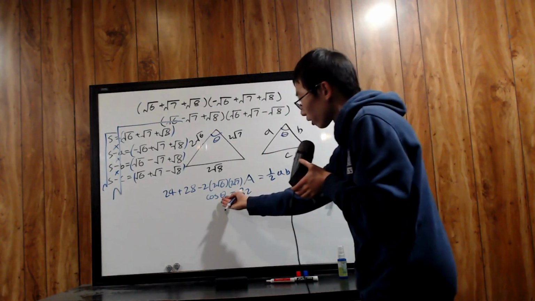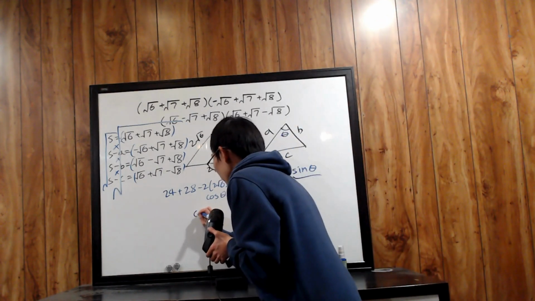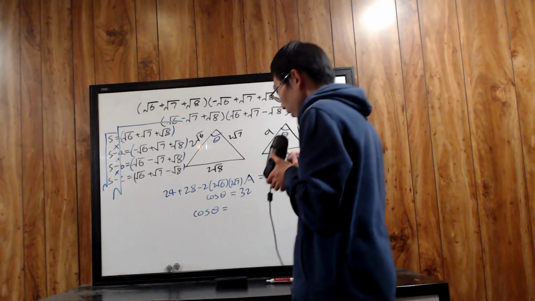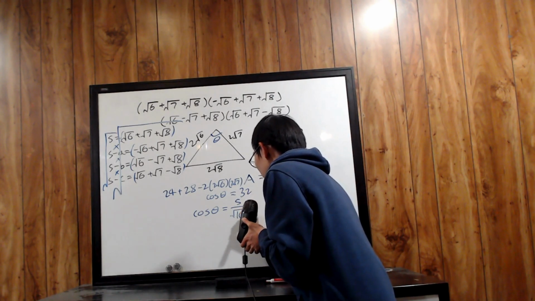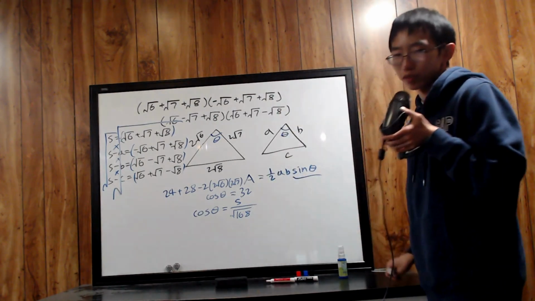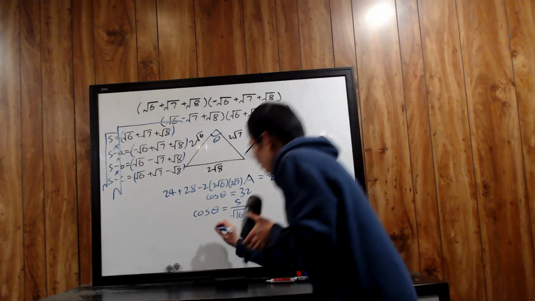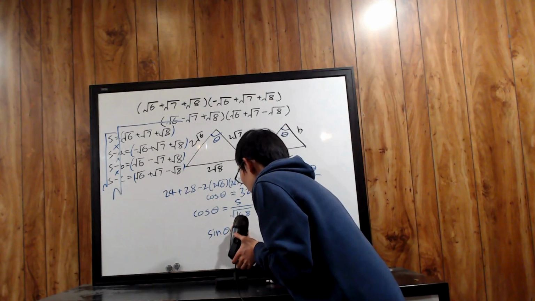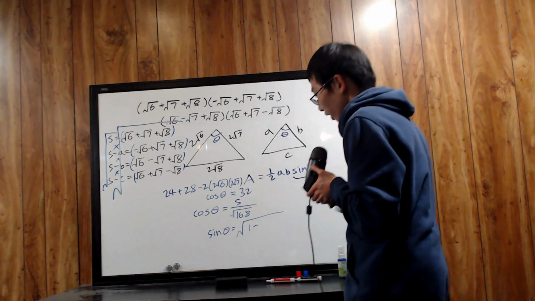And now you can rearrange for cosine theta in this equation. If you rearrange, you would get that cosine theta is equal to 5 over root 168. This is cosine of theta. Then what is sine of theta? Well, by the Pythagorean identity, sine theta is equal to square root of 1 minus cosine squared theta.